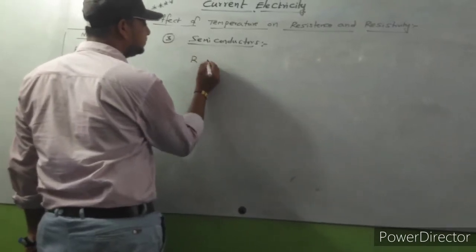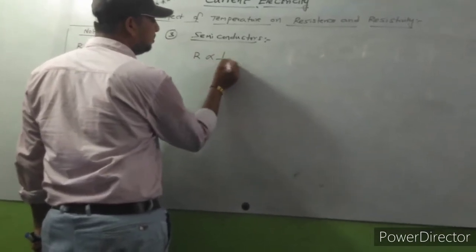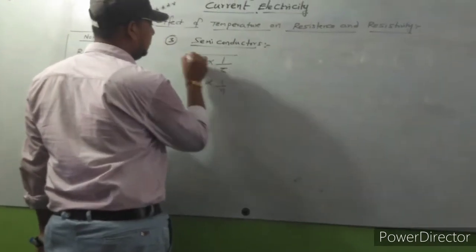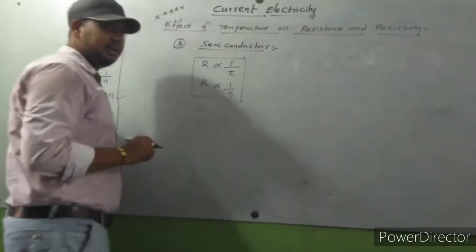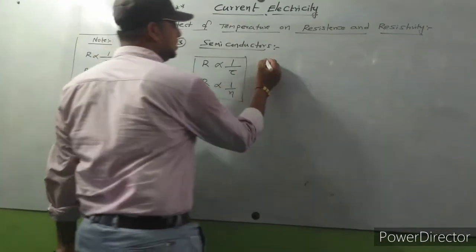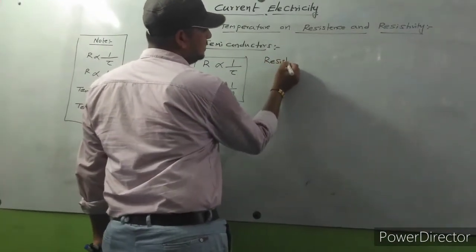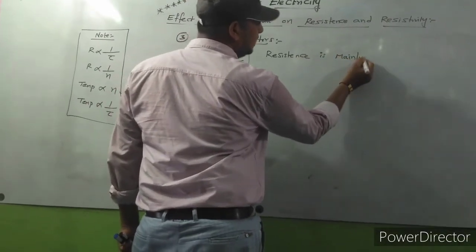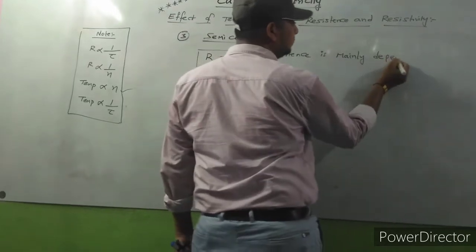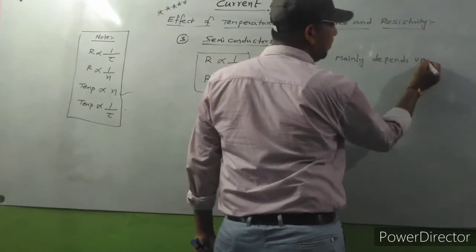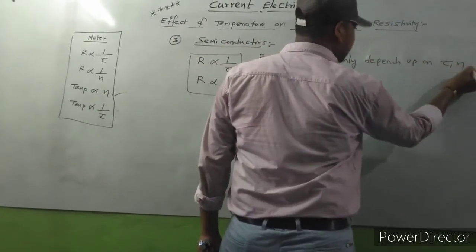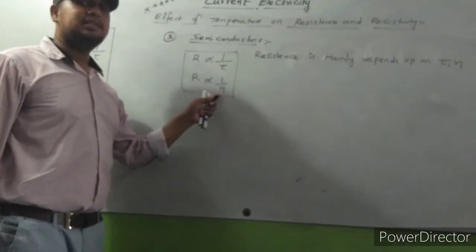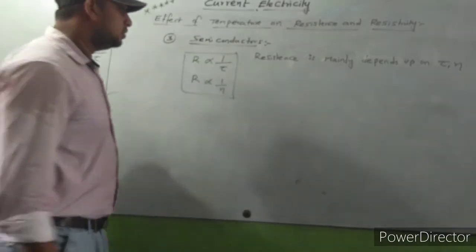Resistance is inversely proportional to tau, so resistance mainly depends upon tau and N. Tau means relaxation time, N means free electron density.